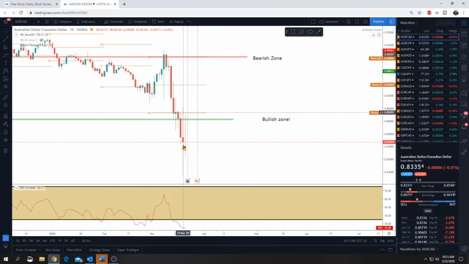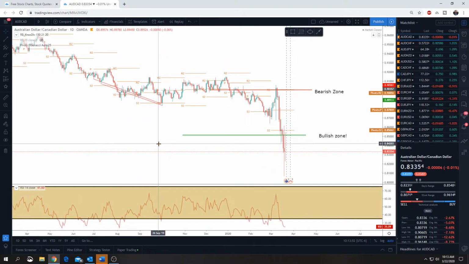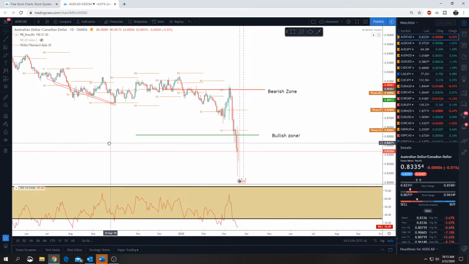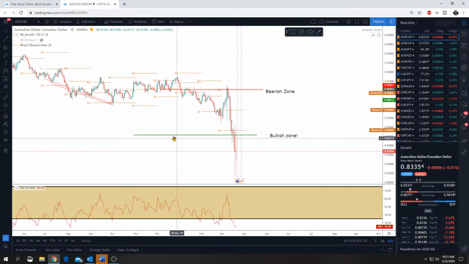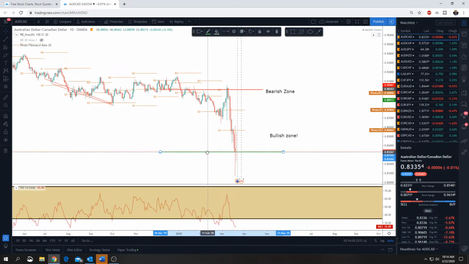Crazy, right? And then this day pretty much did the same thing. So, we're going to have some really funny looking charts this week. With how bearish of a move this is, I think our bullish zone should be kind of where that day ended.